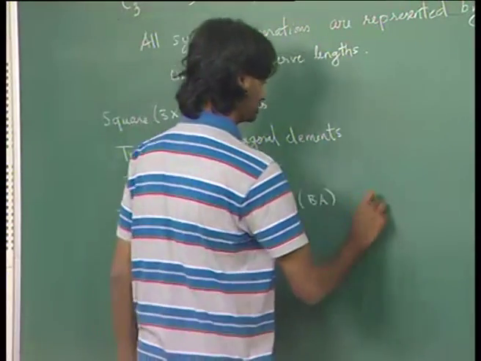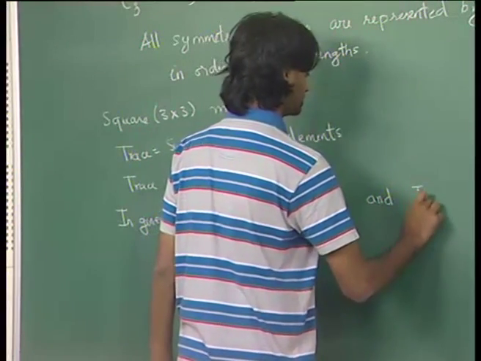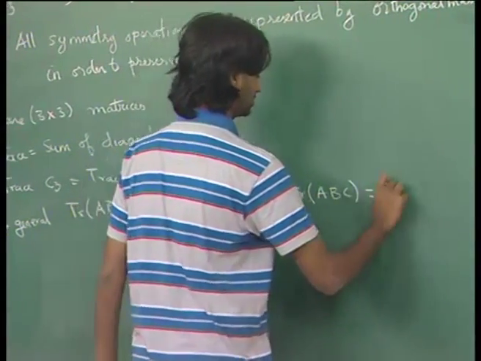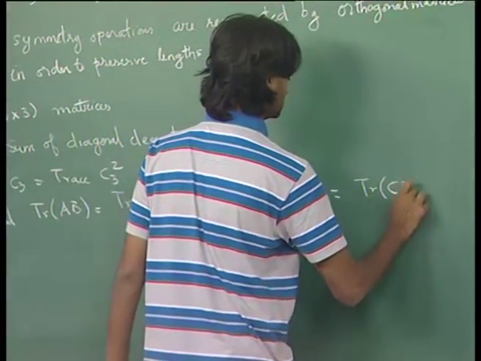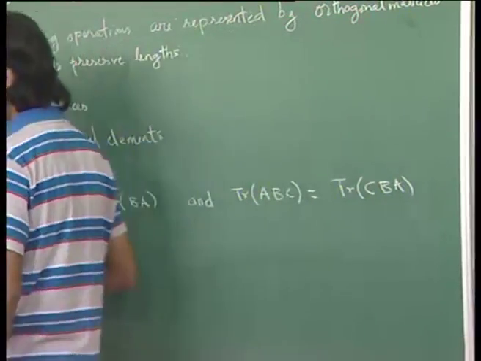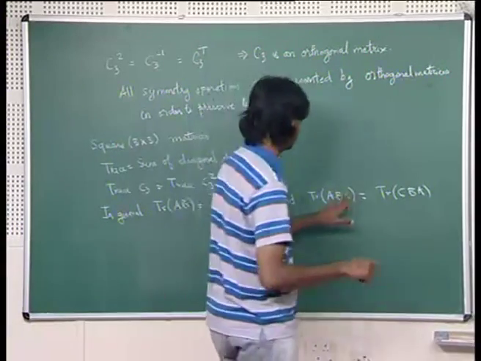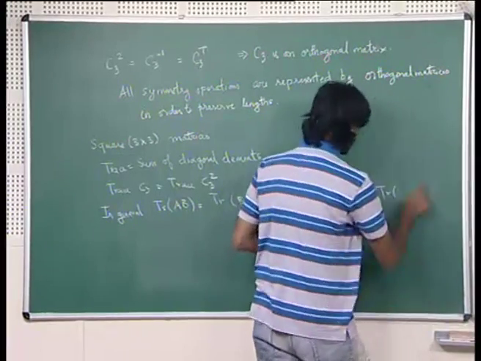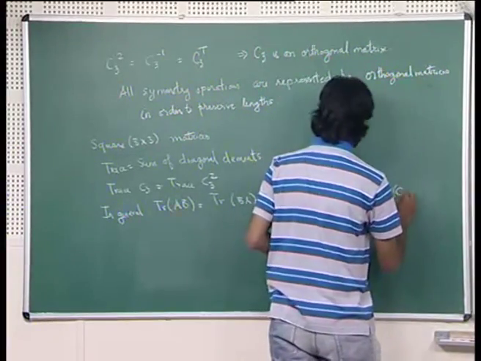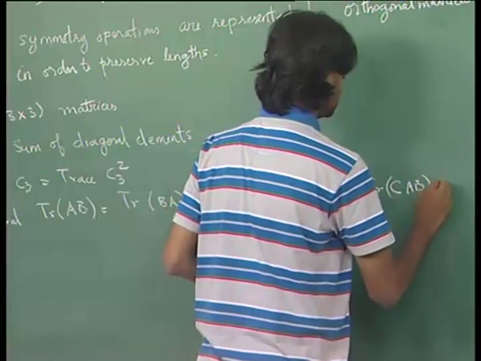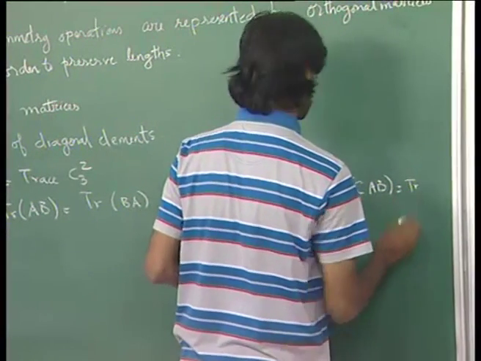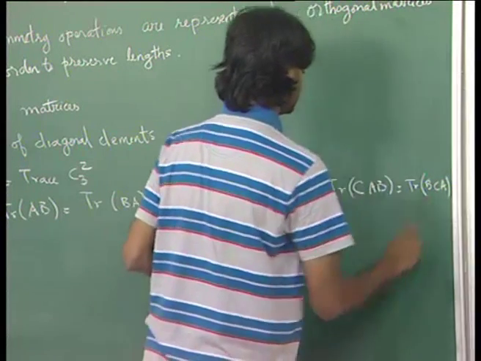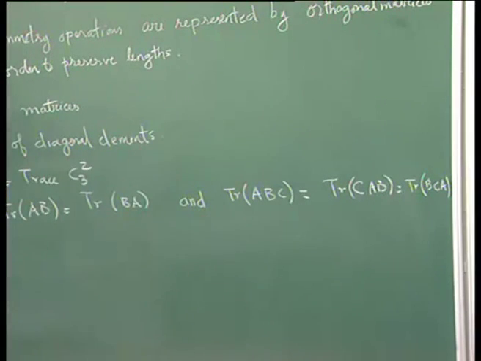And trace of A B C is equal to trace of B C A. So, you can do a cyclic permutation. So, you can get trace of C A B is equal to trace of B C A. Okay. So, the trace has this cyclic property.